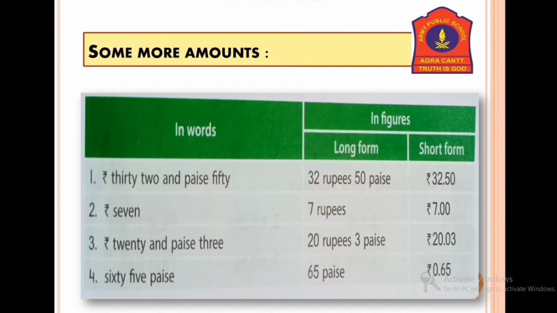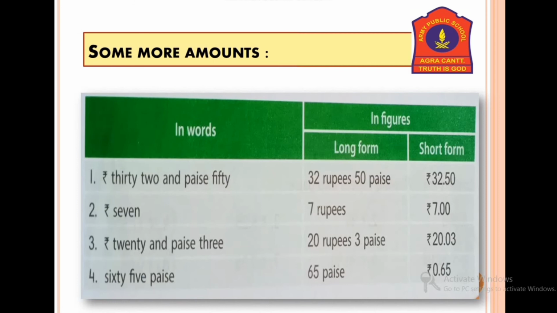And in the third example, just look at it. We have rupees 20 and paise 3. This means while writing it in long form and short form, see 20 rupees and 3 paise. We have written the spelling of rupees and paise here for the long form and otherwise the numeric values. But in short form, all are in numeric value with the point.